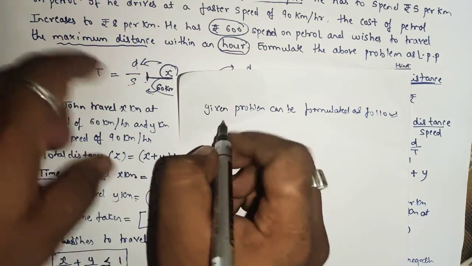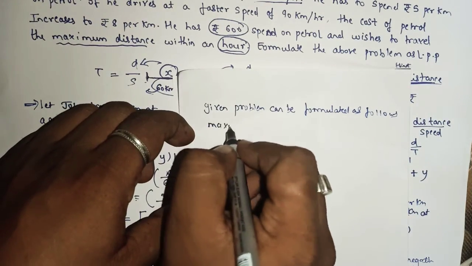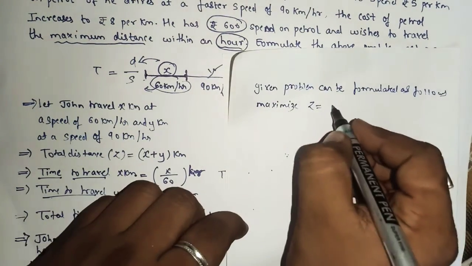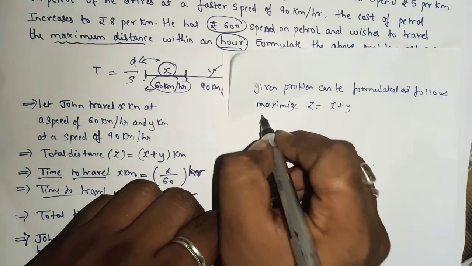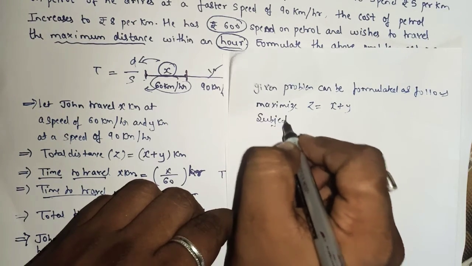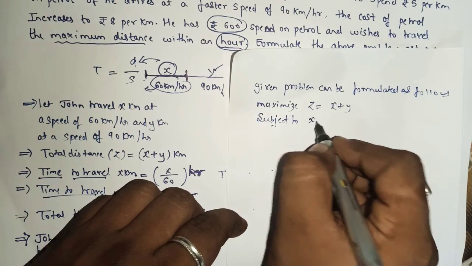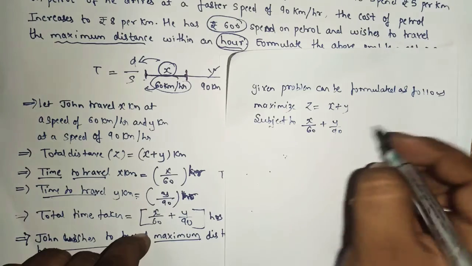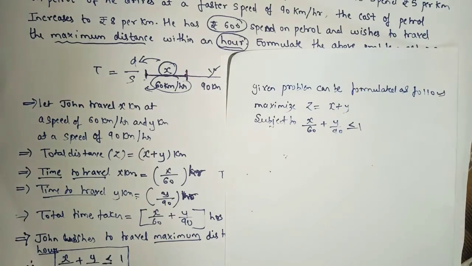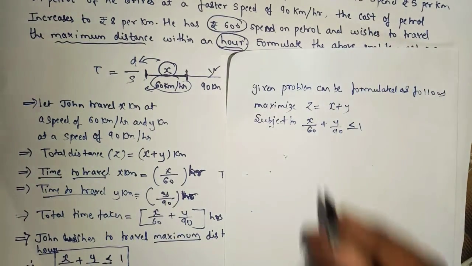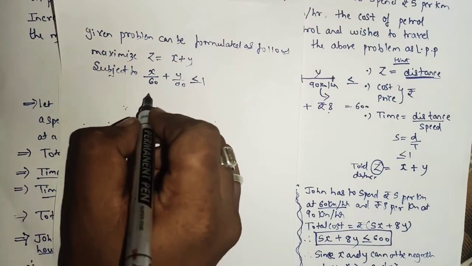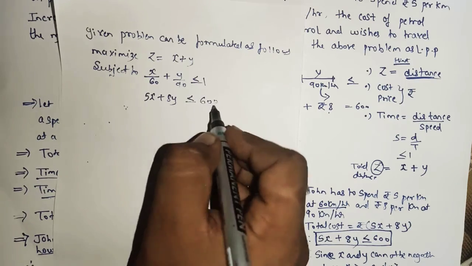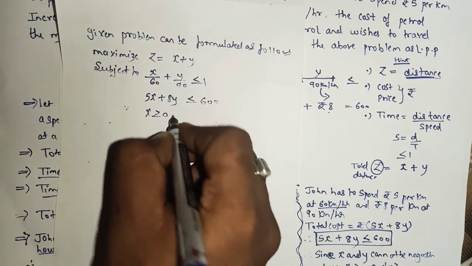As we have to find the maximum distance, so maximize z is equal to x plus y, yes or no, subject to x upon 60 plus y upon 90 within an hour, that means less than equal to 1. And the second one is what? 5x plus 8y less than equal to 600, x greater than equal to 0 and y greater than equal to 0.